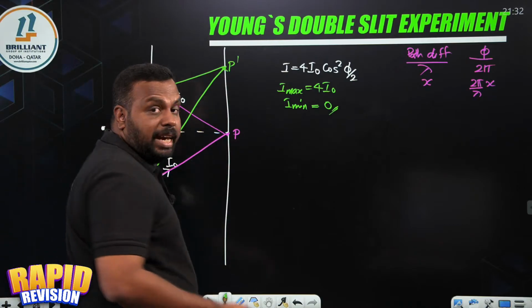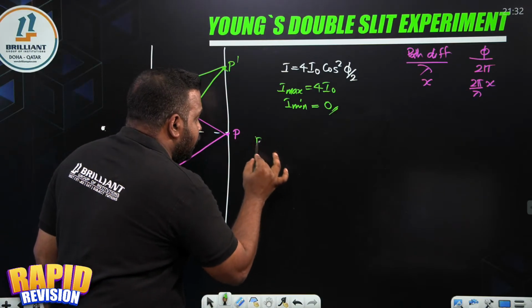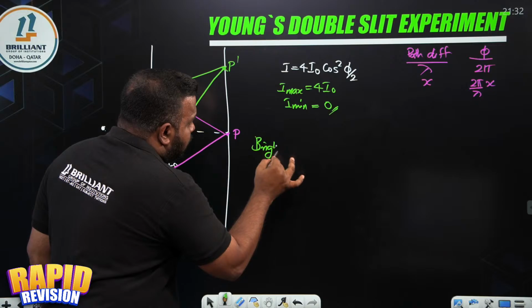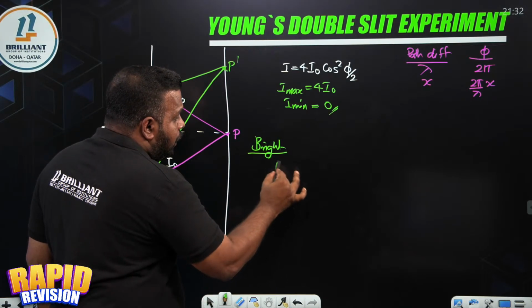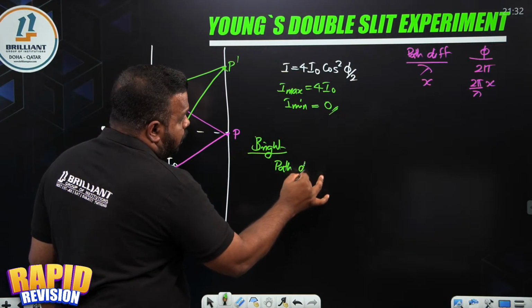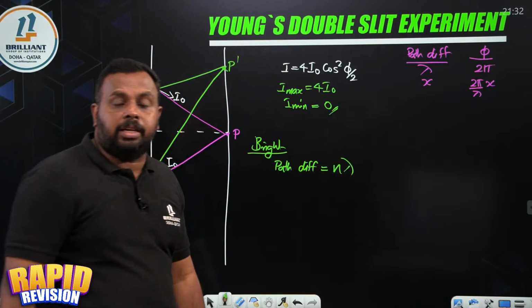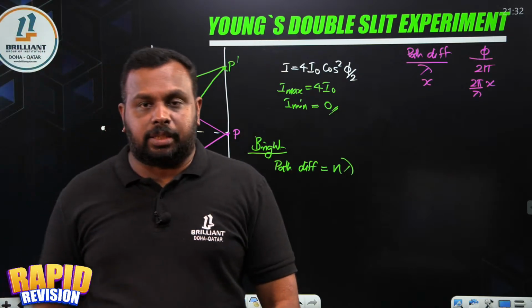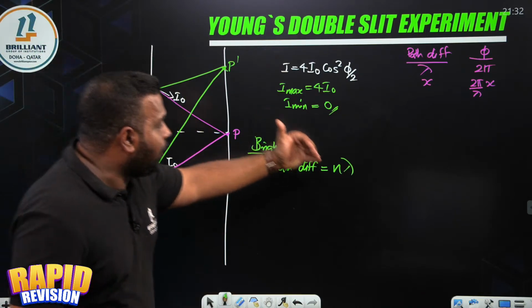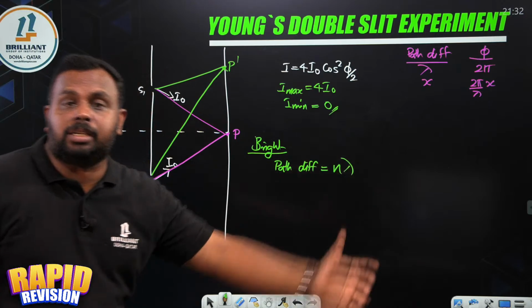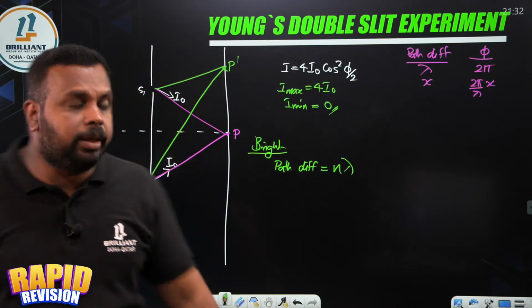So for this point P dash to be bright, hope you remember the condition. What is the condition? For it to be bright, the path difference is equal to n lambda, where n is equal to 0, 1, 2, 3, etc. integers, which means if the path difference is an integral multiple of lambda, that point will be bright.